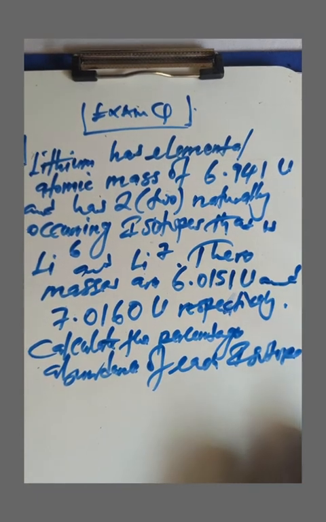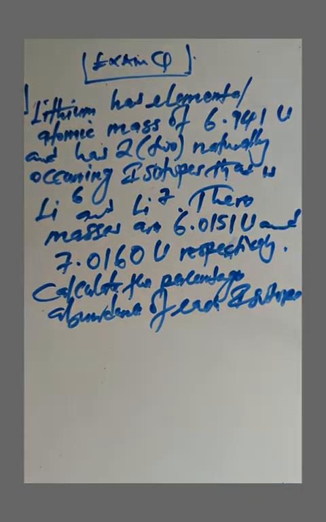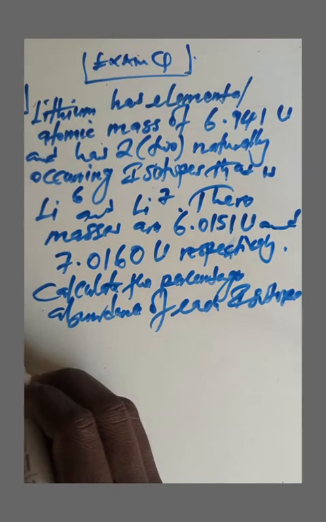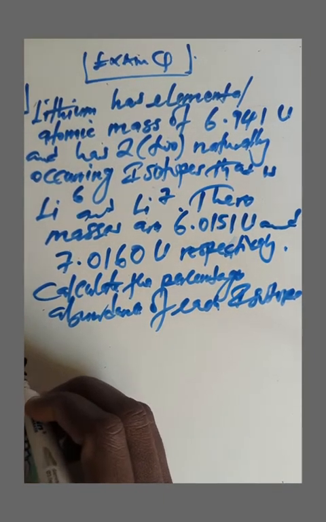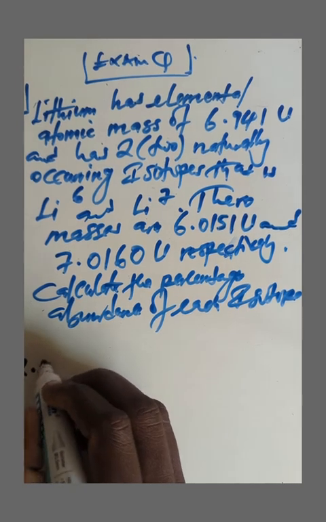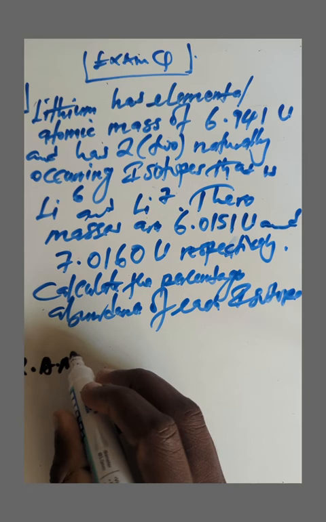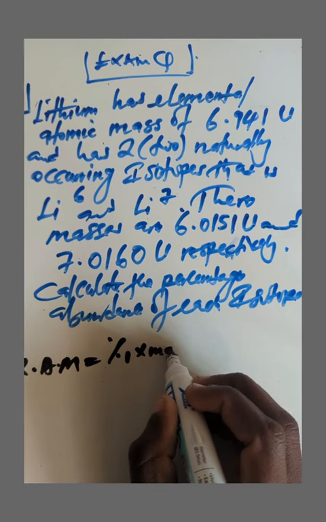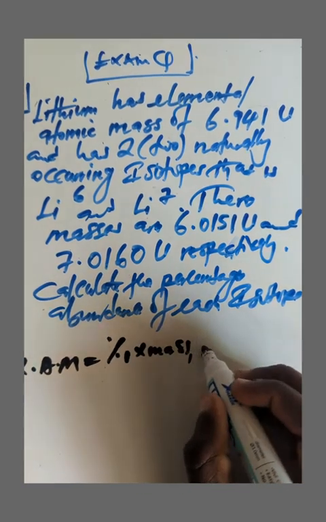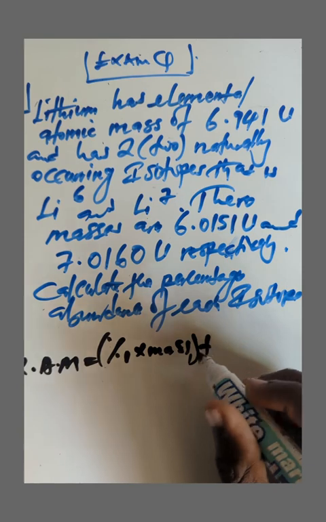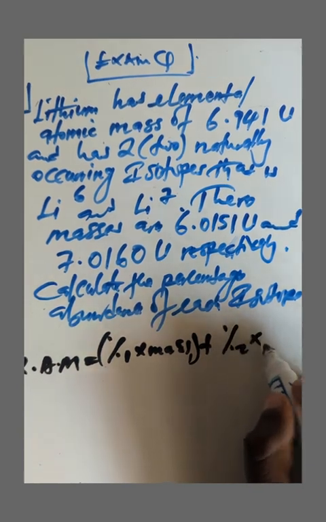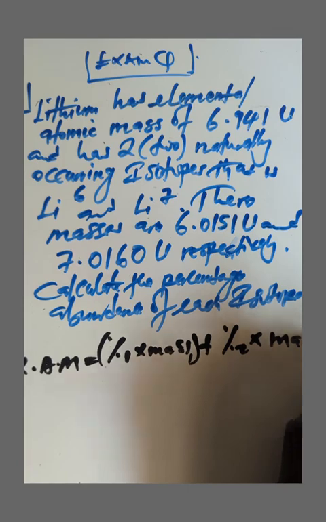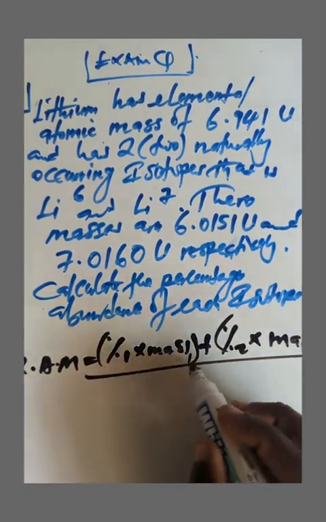As simple as that. So here is the formula to calculate this. RAM, the relative atomic mass, equals percent abundance 1 times mass 1, plus percent abundance 2 times mass 2, everything over 100.